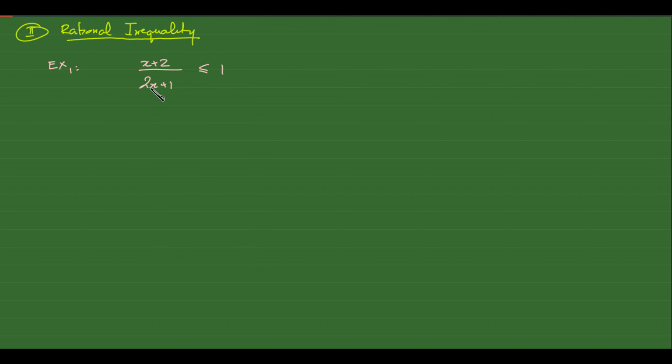Secondly, you have a variable under the denominator, which means you have a rational inequality or rational equation. And this is less than or equal, so this is an inequality. However, in order to set up the side table, the number 1 over here is supposed to be on the left hand side. It must be.